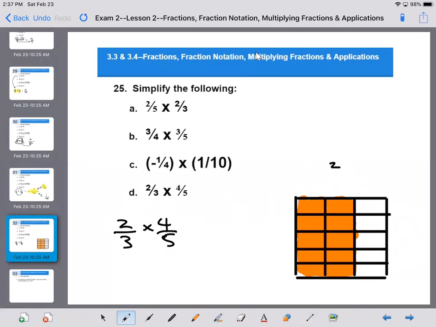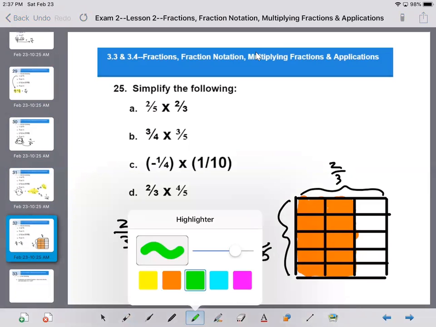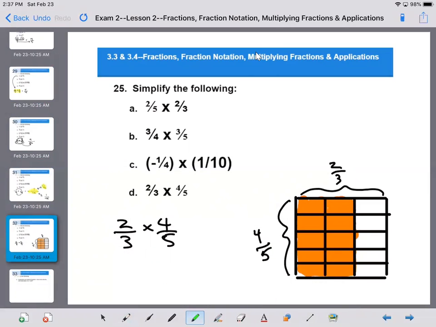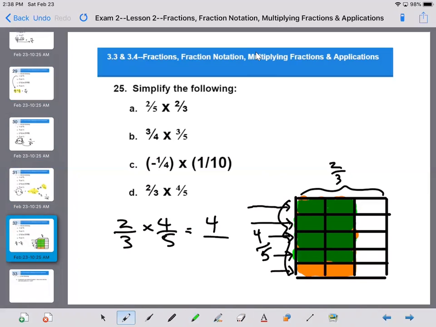So this is representing your 2/3 with this side here, and this side here we want 4/5 now. So that means I've got to change my color and show that, well, the orange represents 2/3. Well, I want 4/5 of those 2/3. So notice that everything, the horizontal or the rows are all representing fifths, because there's 5 rows. Well, I want 4 of them. 1, 2, 3, 4. So now I'm counting what's in green, and that's 4. And the total, remember, we created was a 5 by 3, so we created 15.